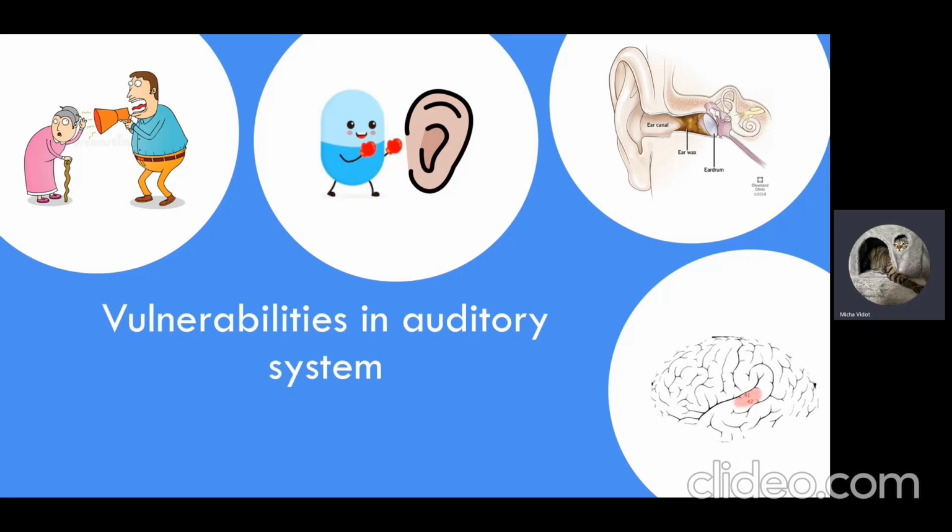Hair cells are also at risk to drugs, so ototoxicity, and these drugs include the aminoglycoside antibiotics that I've mentioned in previous lectures, such as gentamicin, and the chemotherapy drugs such as cisplatin.